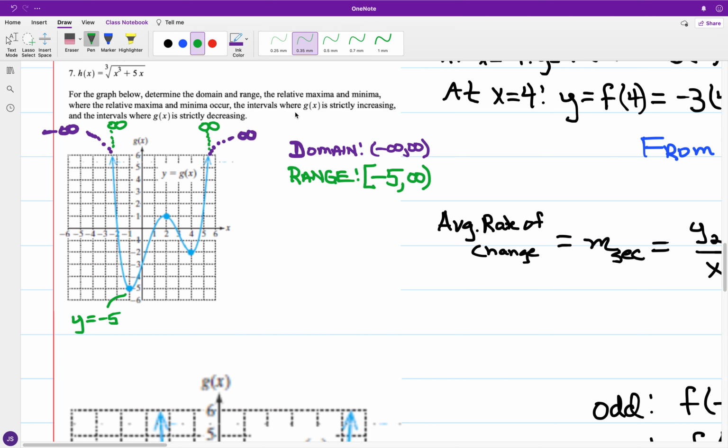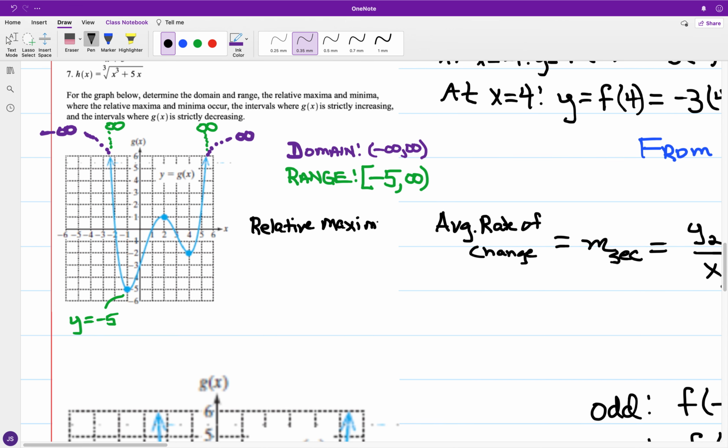And in terms of where we have the relative maximum and minimum, in this case we have the relative maximum, and if you notice, at this particular point, it's going to be this peak point.